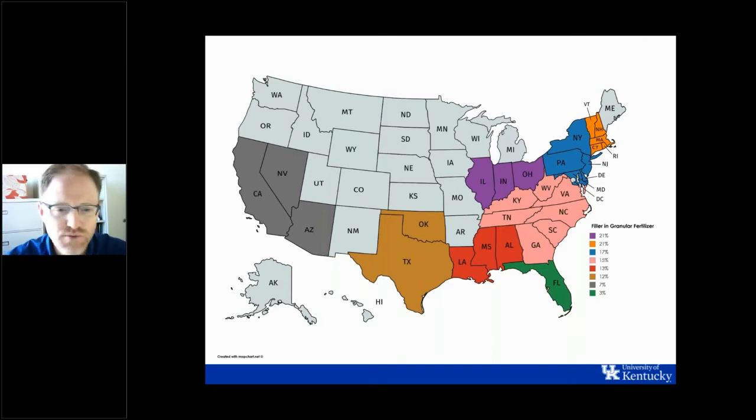But in the United States, we can break this out by state, and just based upon the best information we have, you can see it differs. Up in Illinois, Indiana and Ohio, where it's cool season grasses, and in the New England area, we actually have more filler for some reason. But as we move further south into Florida, we have less filler, and even on the West Coast, we have less filler. So filler is a wasteful component.